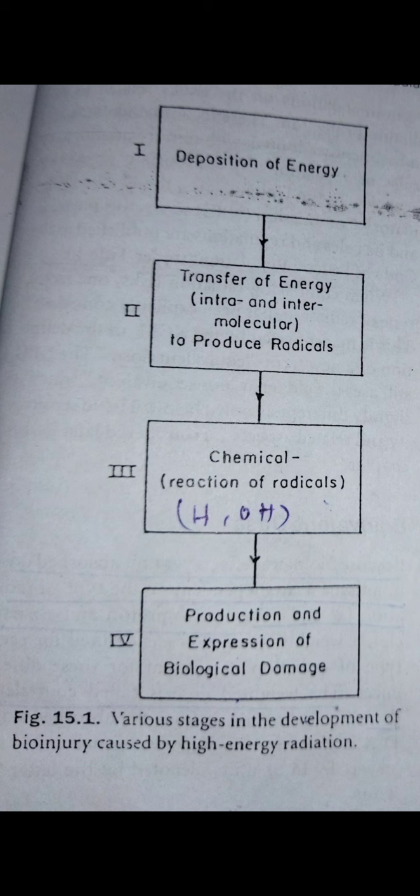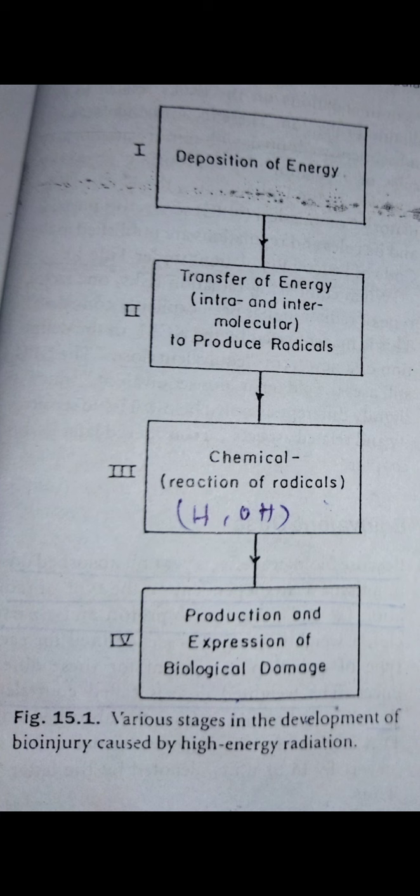So that's how the damage to the biological system happens, and there are various steps involved in the mechanism of biological damage, which I have summarized already. The first step was the deposition of energy by the radiations in the form of ionization and excitation of different molecules and atoms.